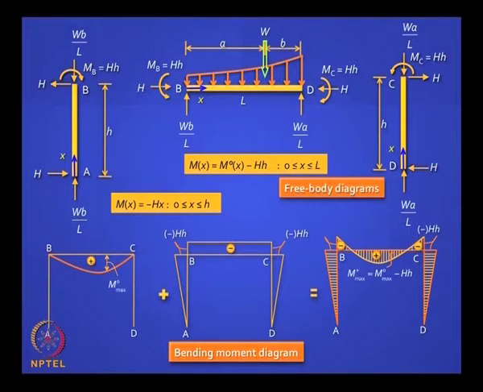Now you invoke the theorem of least work. Can you substitute these values and derive a formula for capital H? You have to integrate for two columns and one beam. So if you differentiate these expressions, if you differentiate this, what do you get with respect to h?